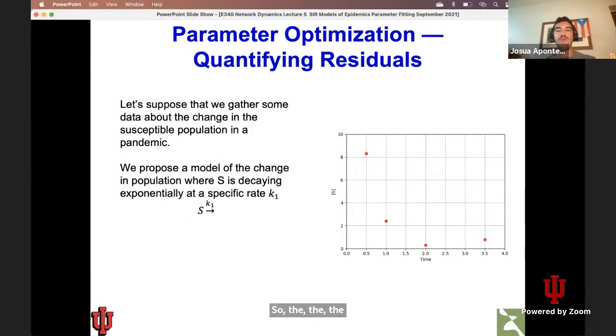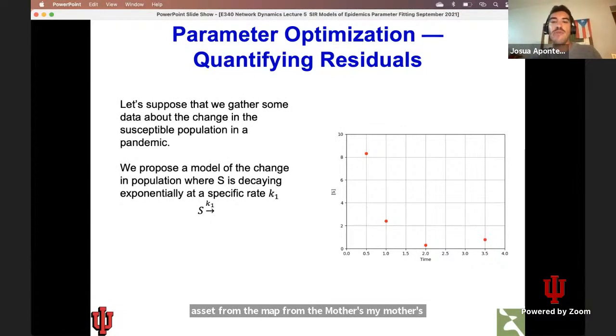So the most basic idea, from the modeler's perspective, the most important thing that we have to do is to be able to quantify what the distance between our model and the data is.